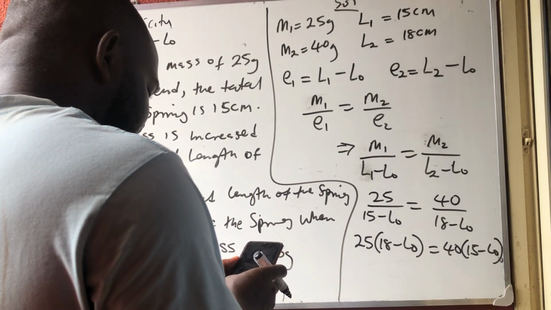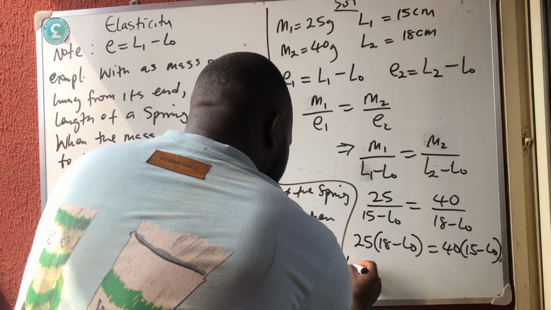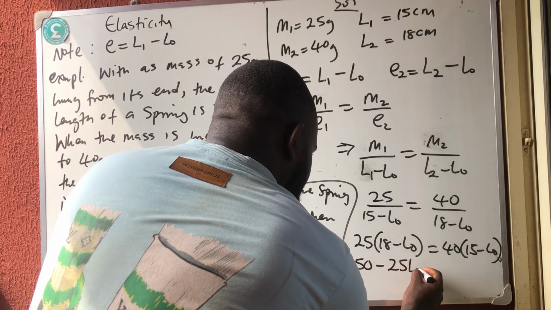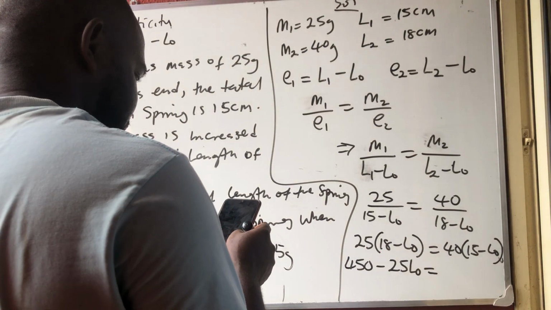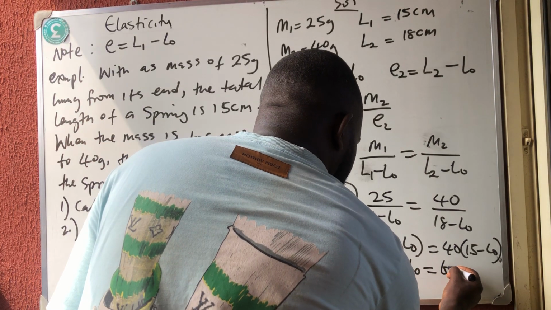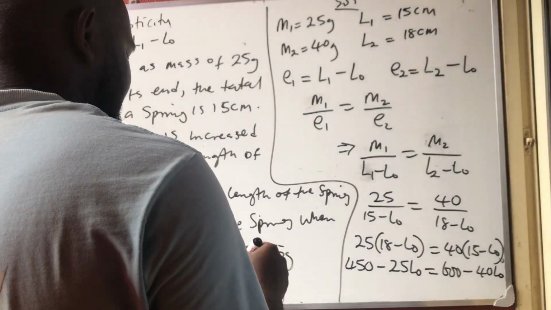Let us multiply 25 times 18. I'm having 450 minus 25 L0 is equal to 40 times 15, 600 minus 40 L0.